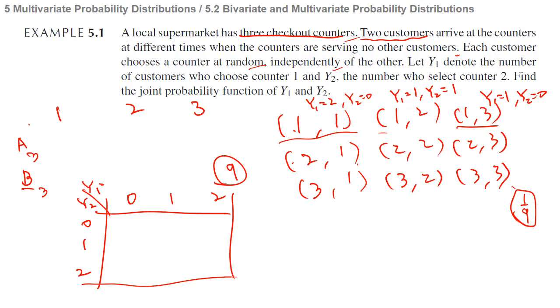And what's the case for 0, 0? That is this one. Here, y1 is 0, y2 is 0. So it is 1 over 9.